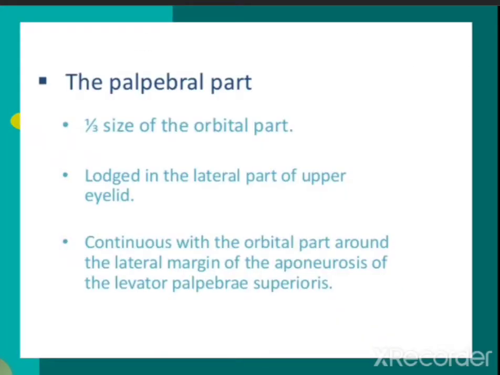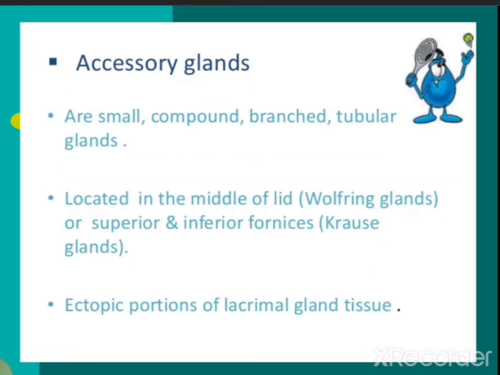Then the smaller palpebral part, it is only one third the size of the orbital part, and it is lodged in the lateral part of the upper eyelid. It is continuous with the orbital part around the lateral margin of the aponeurosis of levator palpebrae superioris. In addition to that, we have accessory glands also. These are small compound branched tubular glands, and these are located in the mid of the eyelid, superior and inferior fornices.